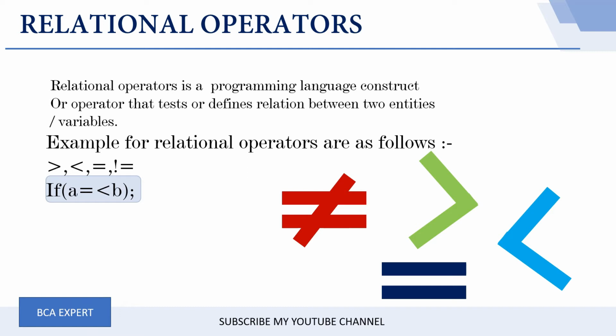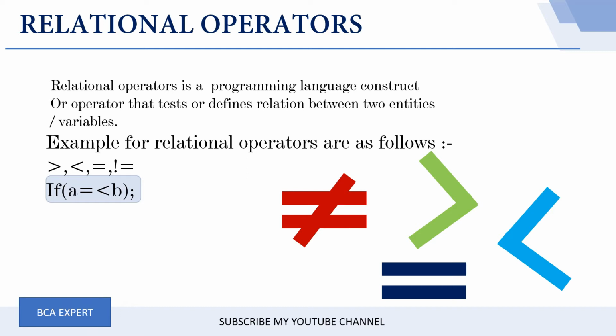Relational operators are generally used between two or more variables. If you have to find the greatest among two values, for example, consider a = 10 and b = 20, and the user wants to know which is the greatest variable, then you apply an if condition and declare the two variables inside it.